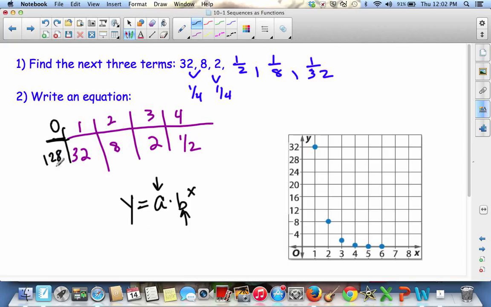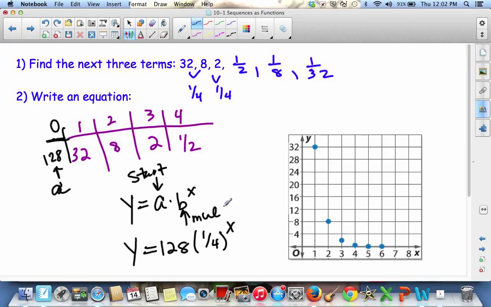So that's going to be our a, the value when x is 0. Now b, what we're multiplying by, is 1/4. So our equation then is going to be y equals 128 times (1/4) to the x. So just keep that in mind. This is your starting spot, and this is what we're multiplying by, when we write those equations.